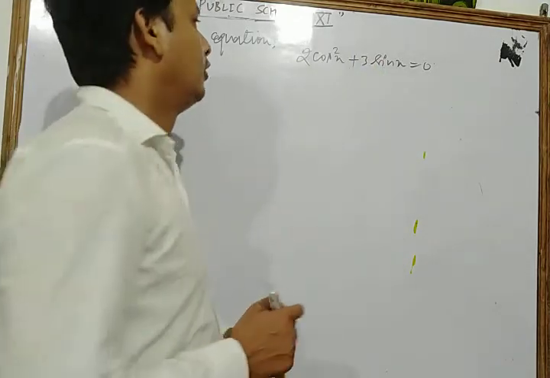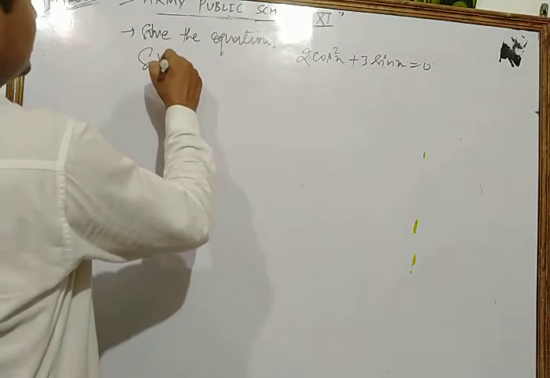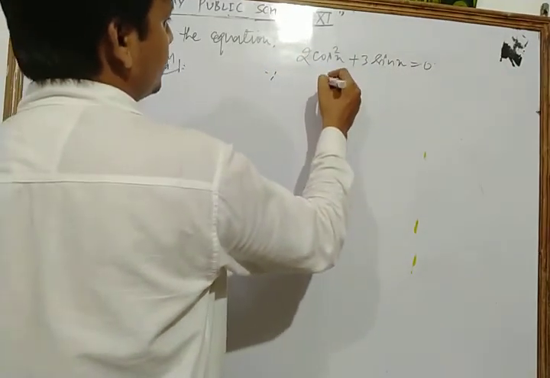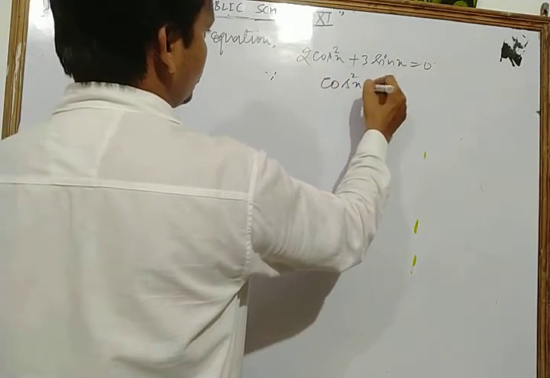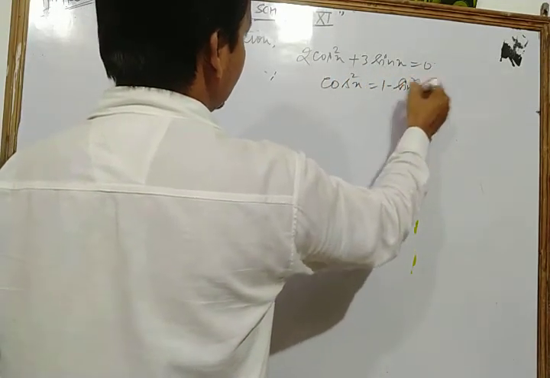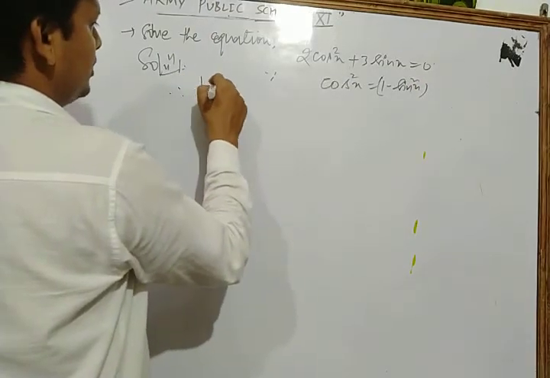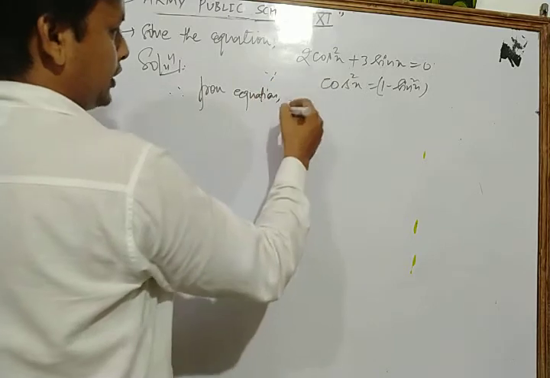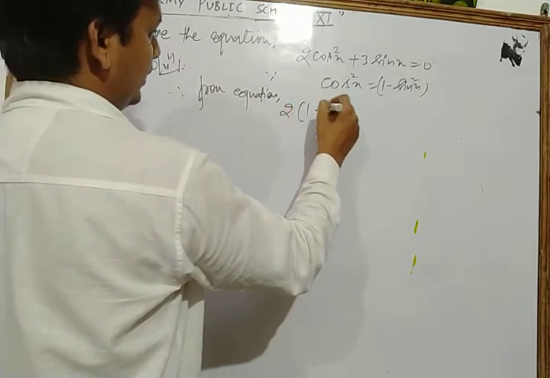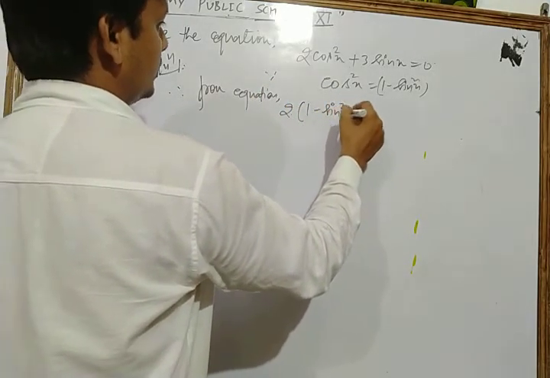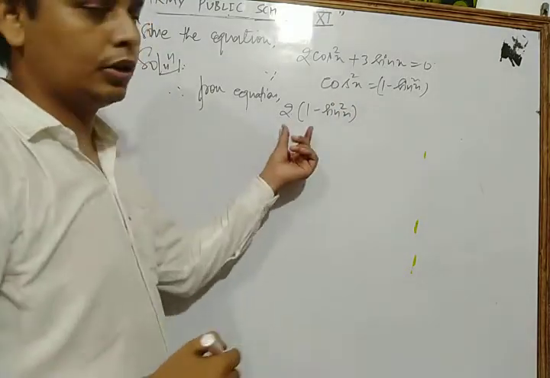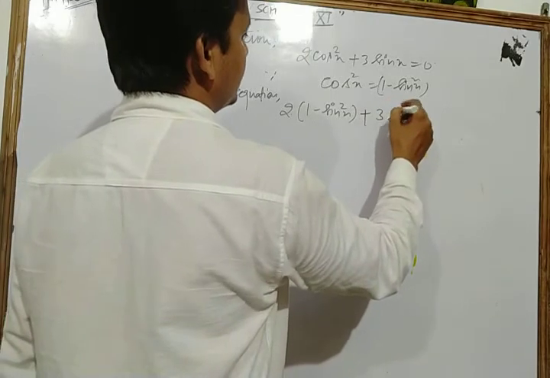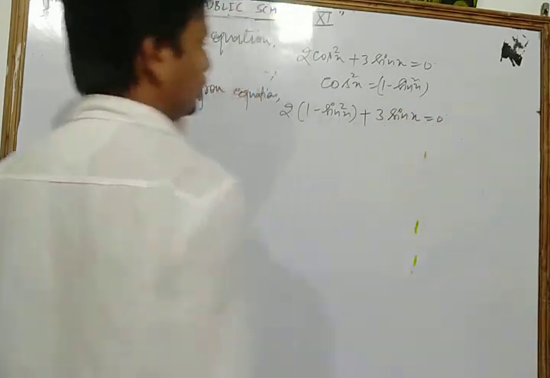Okay, let's see its solution. Since we know that cos square x is equal to 1 minus sin square x, from the equation we have 2 into 1 minus sin square x plus 3 sin x is equal to 0.